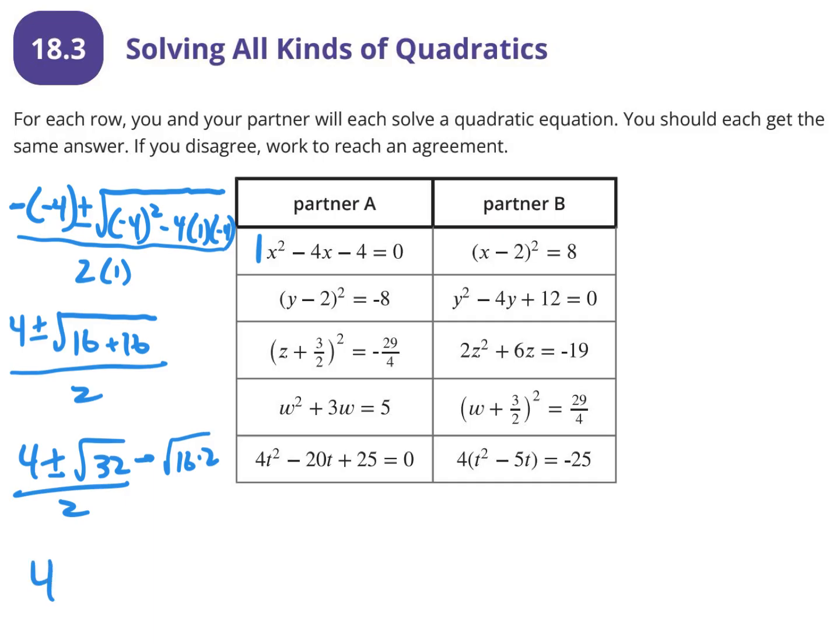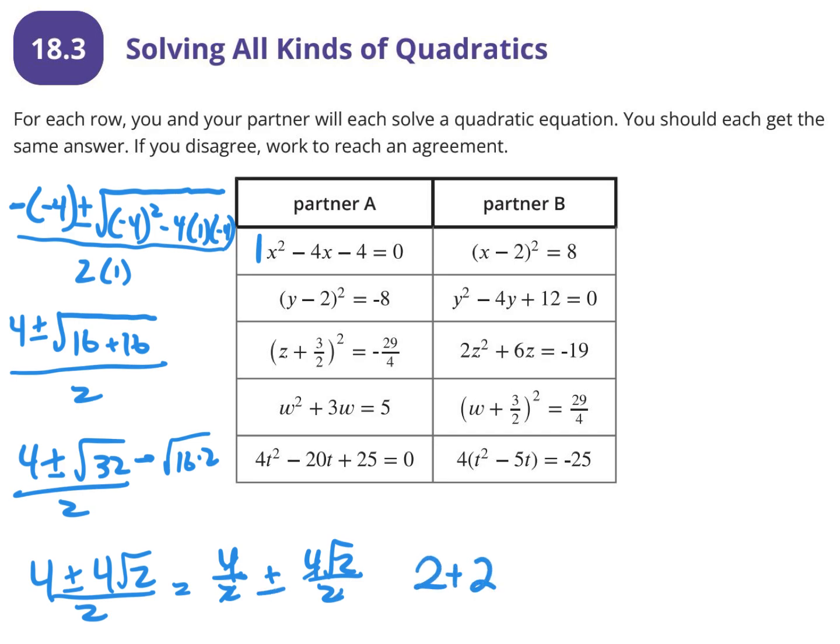So I get 4 plus or minus 4 root 2 over 2. So I get 4 over 2 plus or minus 4 root 2 over 2. I cancel out my 2's. I get 2 plus 2 root 2 and 2 minus 2 root 2.